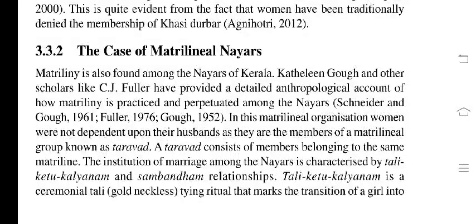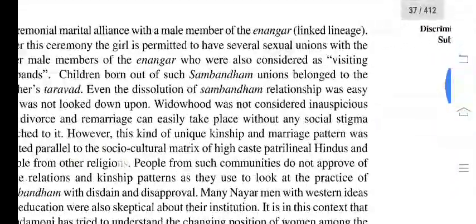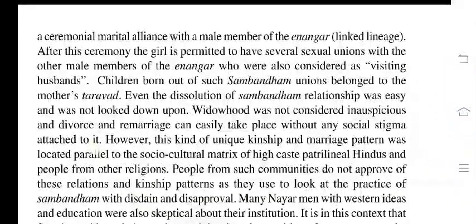Tali Kettu Kalyanam is a ceremonial tying of the tali, a gold necklace, which marks the transition of a girl into a ceremonial marital alliance with a male member of an Enangar-linked lineage.